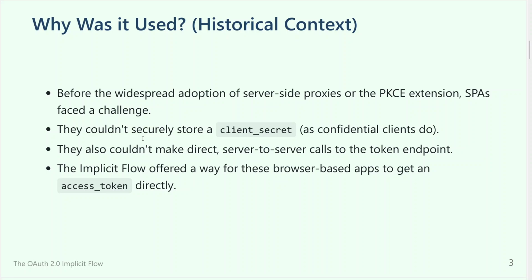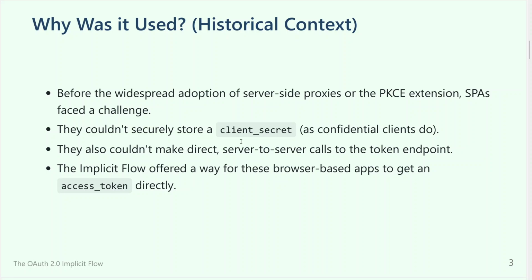First, it was quite simple to use. Then, it was not possible, and even today it's not recommended, to store the client's secret in the browser. Of course, today you can create a kind of hybrid approach. You have the browser, but use a backend with the client ID and client secret to connect to the authorization server, and then you receive the access token on your browser. That's one way to go.